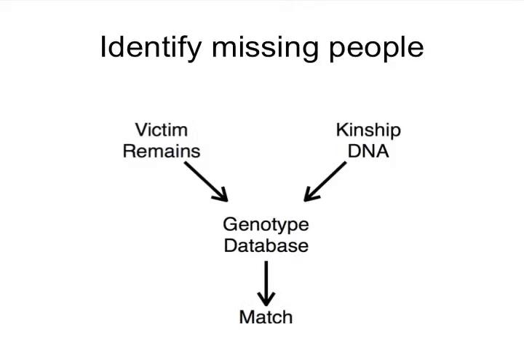So now that all of the genotypes have been uploaded from the victim remains and from the kinship DNA, the database is going to go through, infer the missing people genotypes, and automatically do comparisons. By uploading genotypes, you're preserving all of the information.